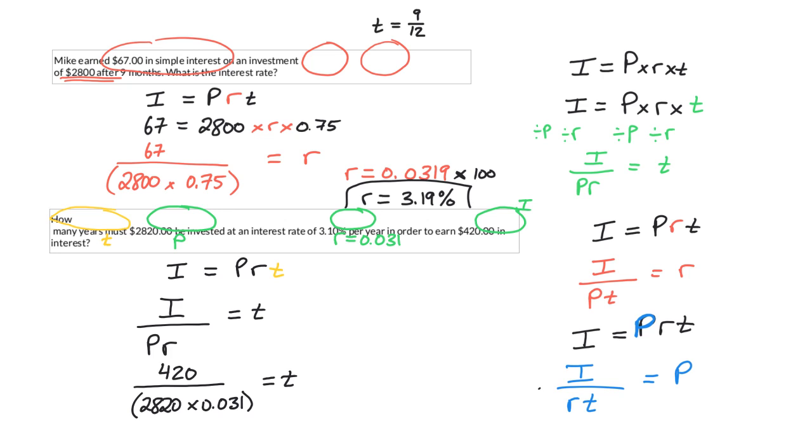This tells me that in order to get $420 of interest, I have to wait 4.8 years. Oops, I just wrote a dollar sign. Sorry. My time is in years, not dollar signs. So if I took $2,820, put it in the bank at 3.10% per year, after a little over 4.5 years, I would have $420 extra.